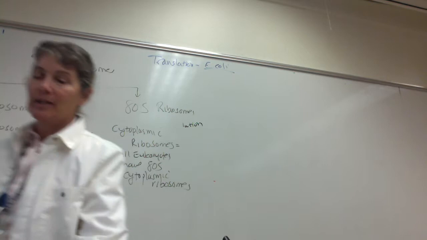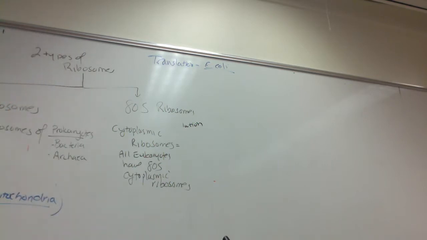And this makes people crazy, and I apologize. So in the 70S ribosomes of bacteria, the large subunit is called the 50S subunit, and the small subunit is called the 30S subunit.